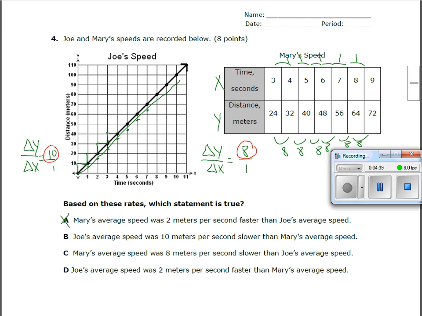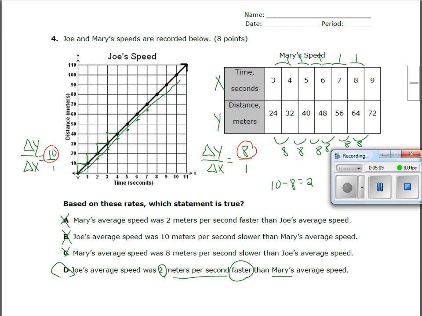So Joe's average speed was 10 meters per second slower than Mary's. Well, no, he's not slower. Mary's speed was 8 meters per second slower than Joe's. She was definitely slower, but the speed difference was 8 minus 10, which is equal to 2. So that is incorrect. Joe's average speed was 2 meters per second faster than Mary's. I would agree with that. So we're going to pick D.